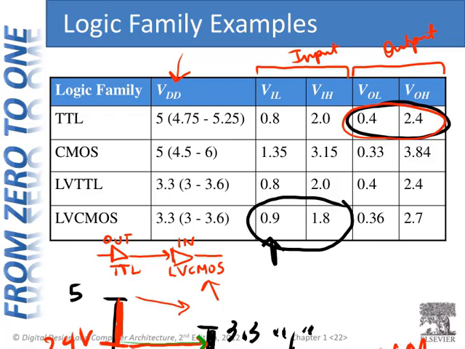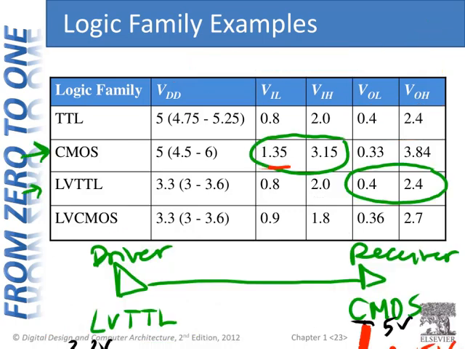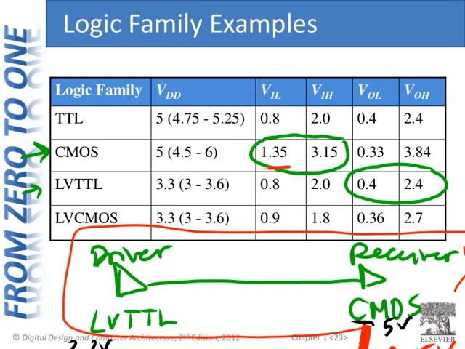So even though the noise margins worked in this case, we need to make sure that in fact the 5 volts is not going to fry the chip. In this case, because the noise margin on the high end was negative, these chips are not compatible. They can't operate reliably in this configuration.